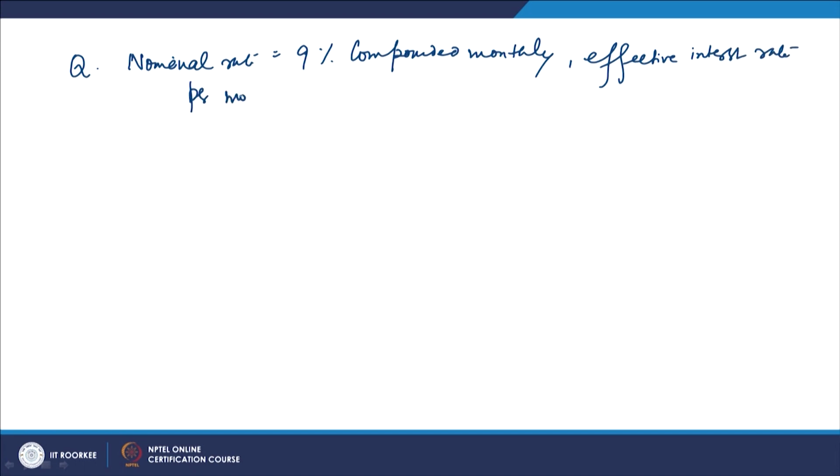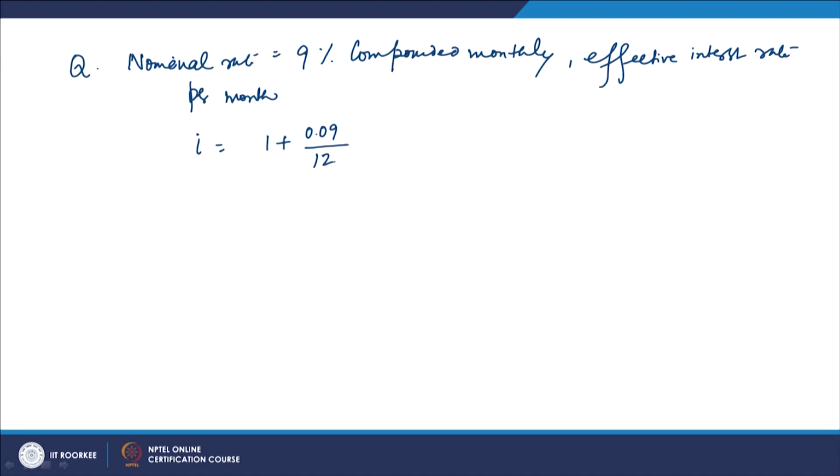In that case, the effective interest rate will be 1 plus, now the nominal interest rate is 9%, so it will be 0.09, divided by M. The compounding period is 1 month and its reciprocal is 12, so M is 12.